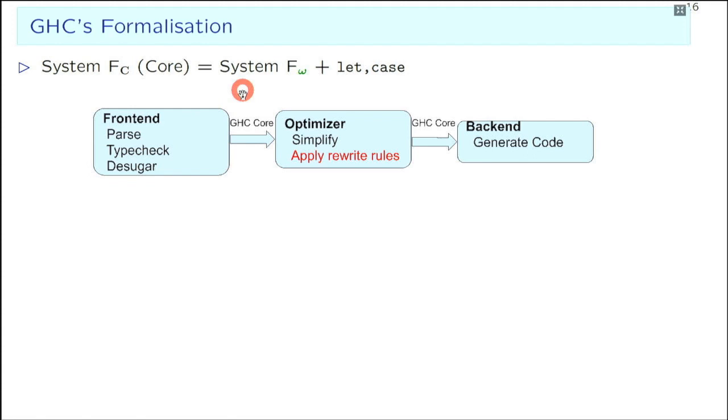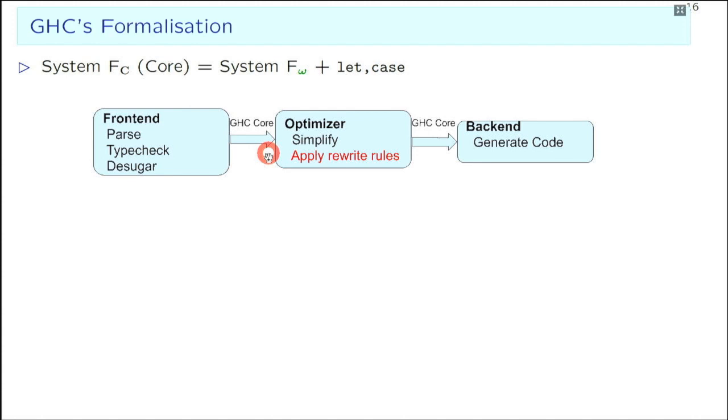In GHC compilation, any source program is translated to Core. So Core is equivalent to system FC. And actually, rewriting applies at the level of Core, not at the level of the source program.